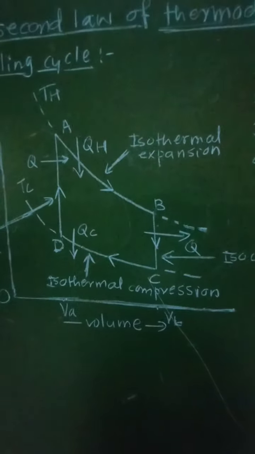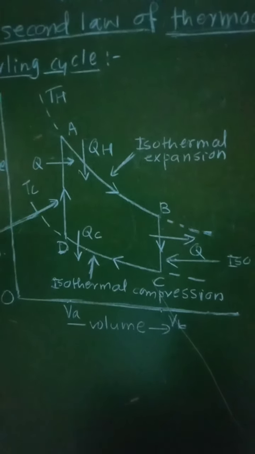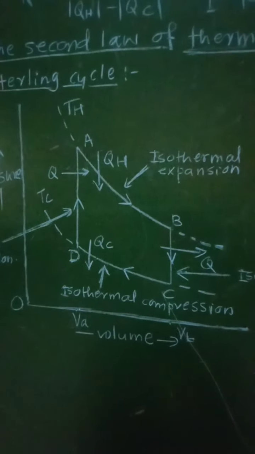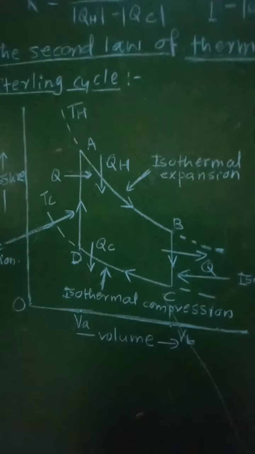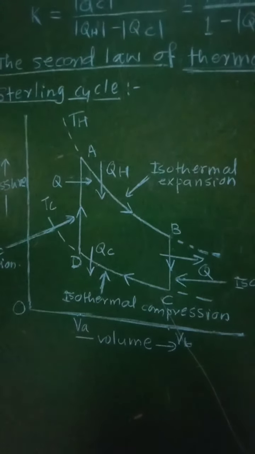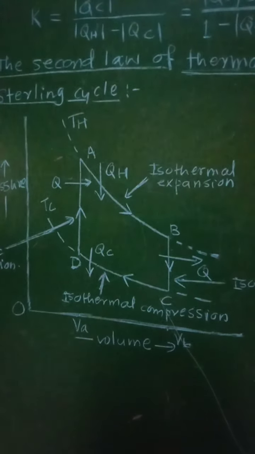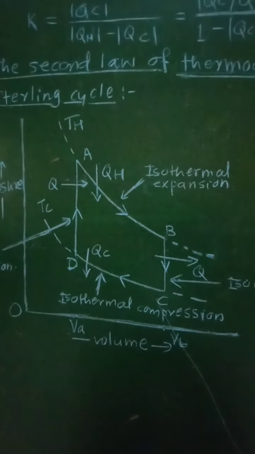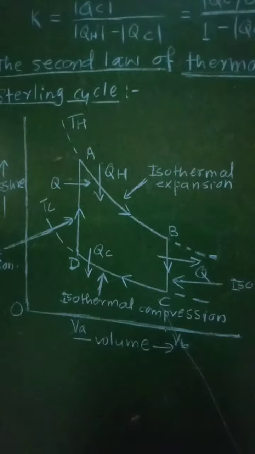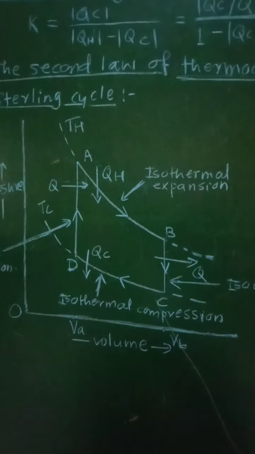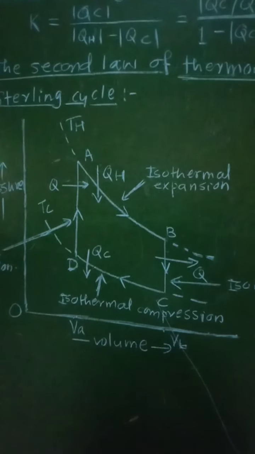And then we proceed to the last part, from D to A, which represents the isochoric absorption of heat energy. For this path, the compressed gas will absorb heat energy Q during this process, so that its temperature will increase to TH again.